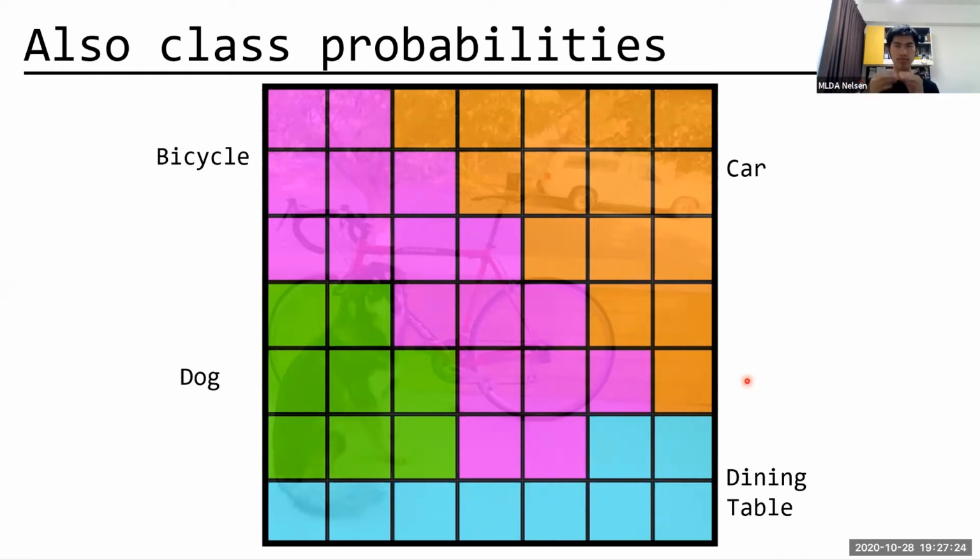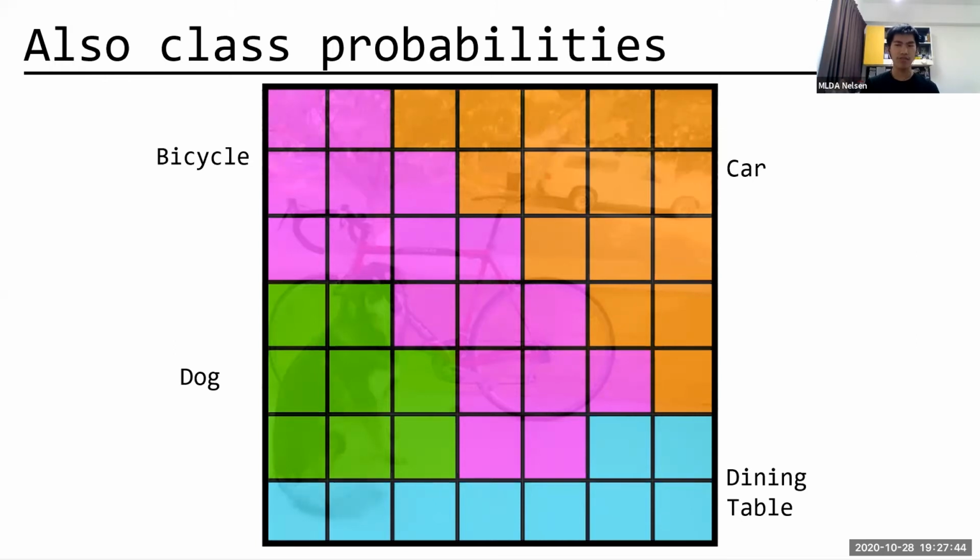So we try to separate the class of a specific grid and whether there's an object. We split those two into different probabilities, one called the class probabilities, and the other one the objectness or P object.